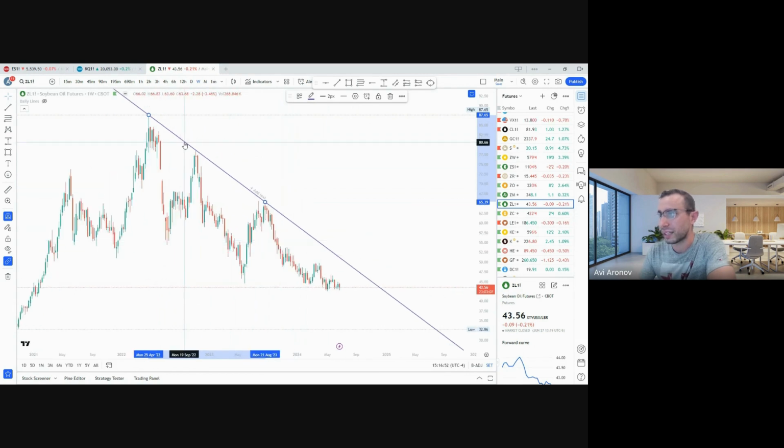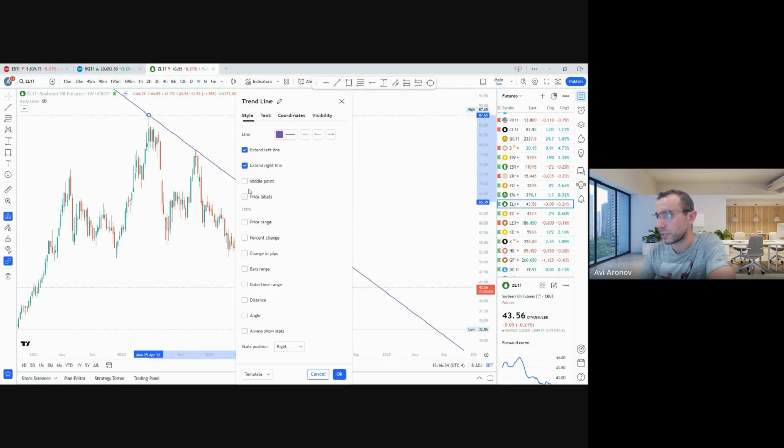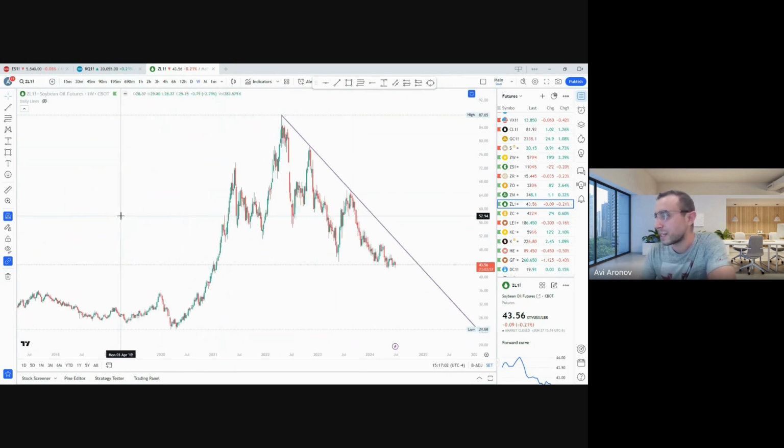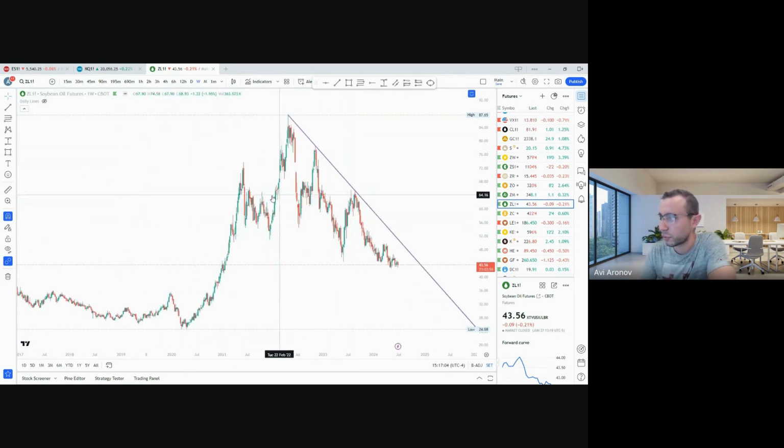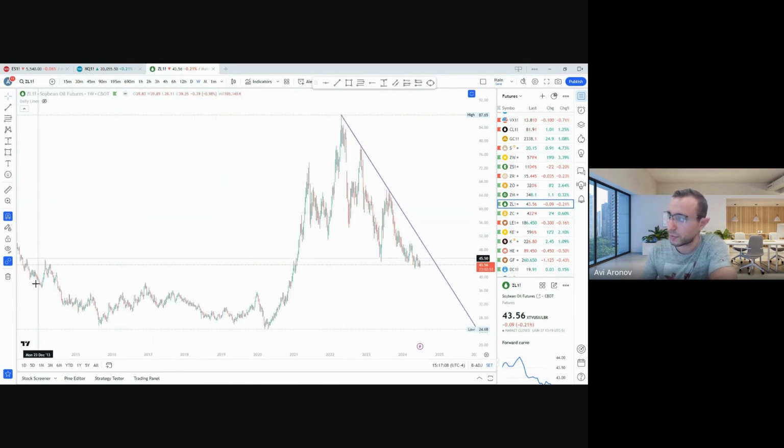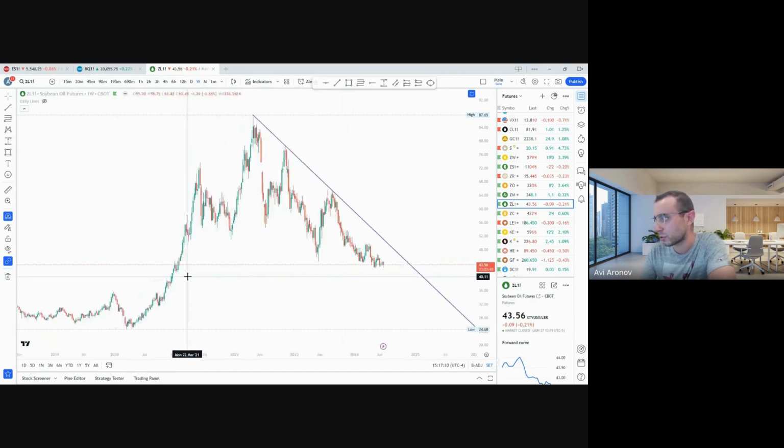You can double click here, go to styles, and then extend to left line. You can remove that so you don't need it. Sometimes you will want to do that, if you're working in between the chart and want to see if it's hitting anywhere else, so you can use that too.